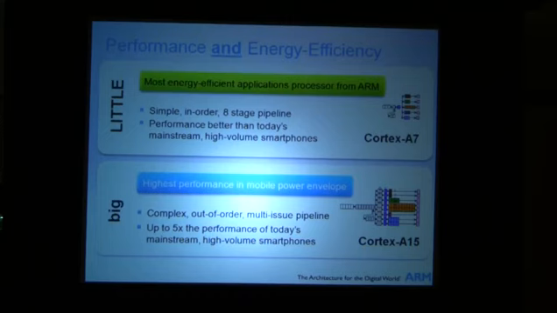It does have a limited amount of dual issue. But taking its performance, and we're using as a benchmark here the A8 processor, which is in many smartphones today, we actually, with the advantages of what we've done in the microarchitecture and also the way process technologies have moved on, are getting greater than A8 performance out of this core for about a sixth of the power.